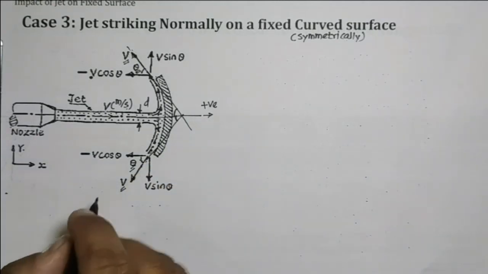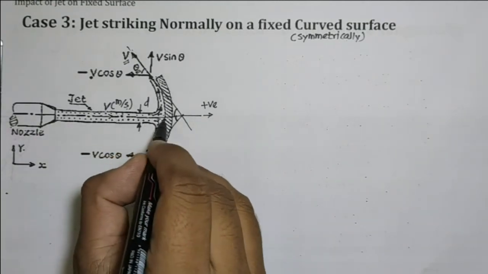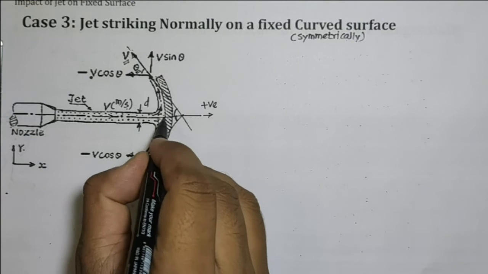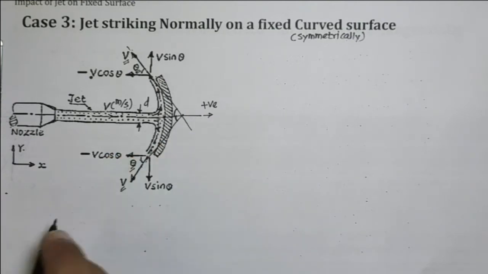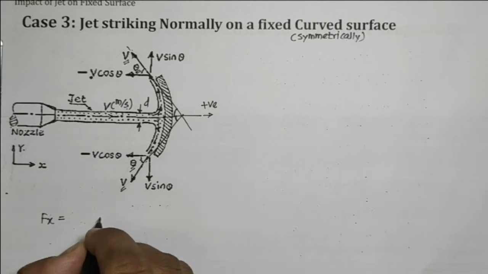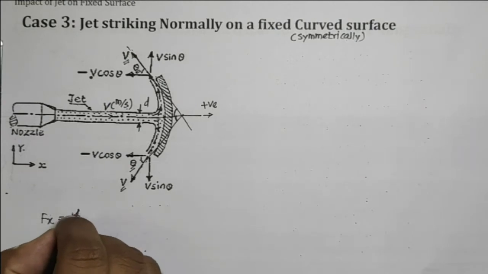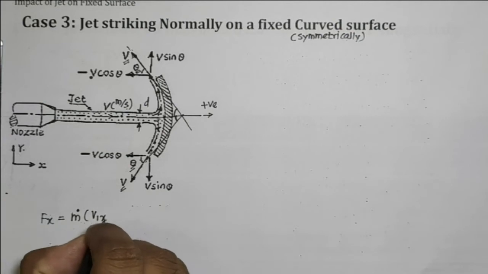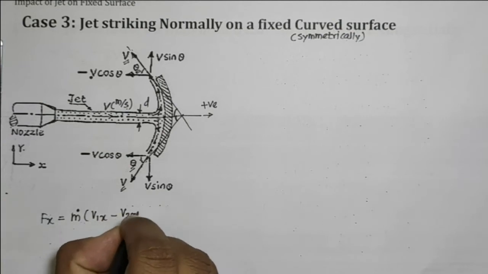The normal force means the force which is normal to the surface. So here the normal force is Fx, which is equal to, as per the impulse momentum theorem, m dot times (v1x minus v2x).